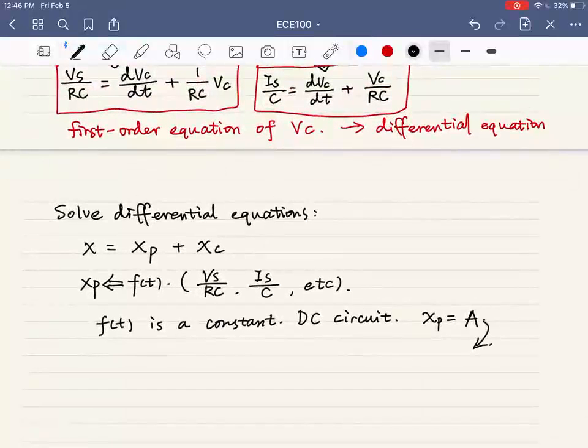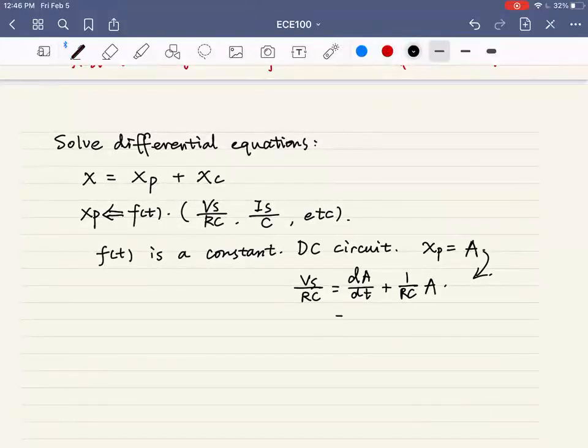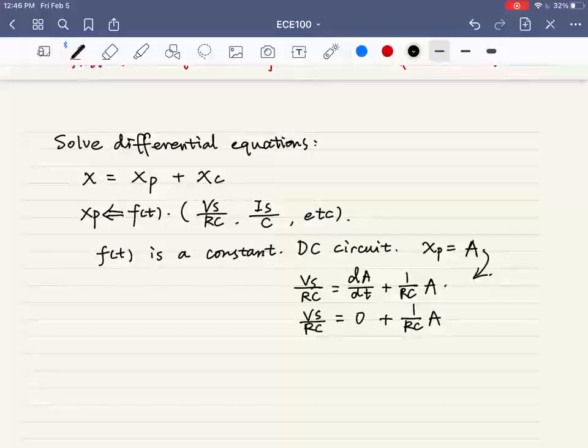For example, in the first equation, it will turn into dA/dt plus 1 over RC times A equals Vs over RC. And because A is a constant, the derivative is 0, and we will get A equals Vs.